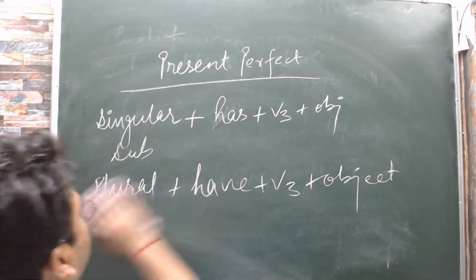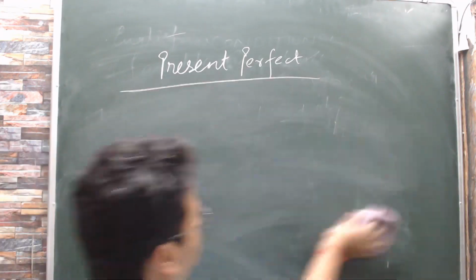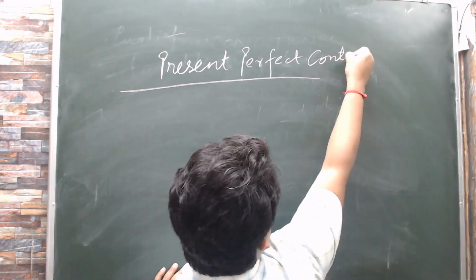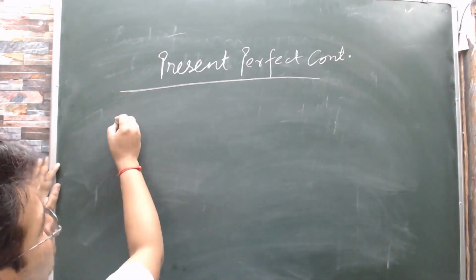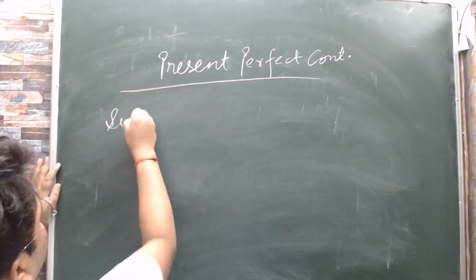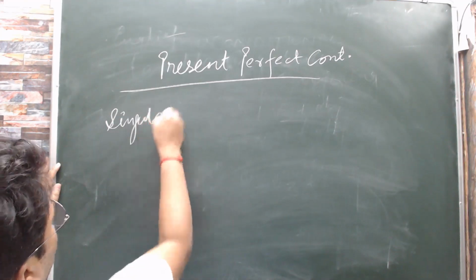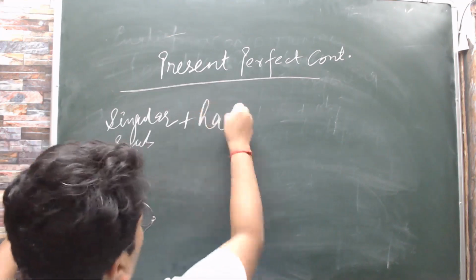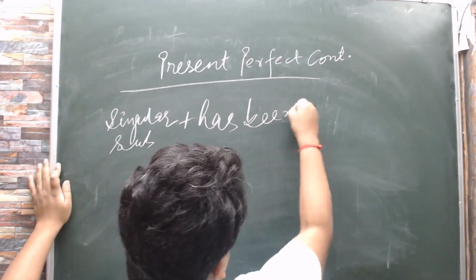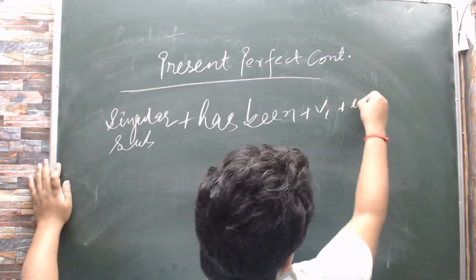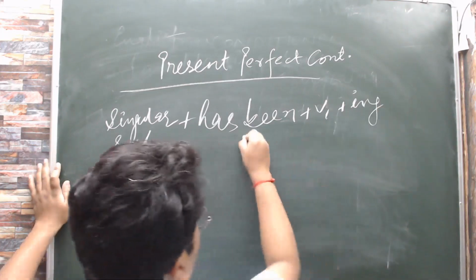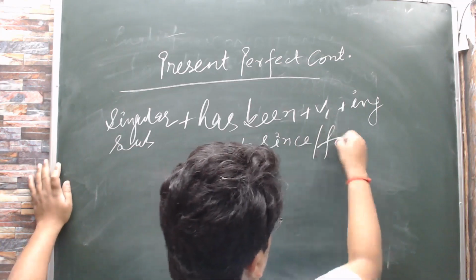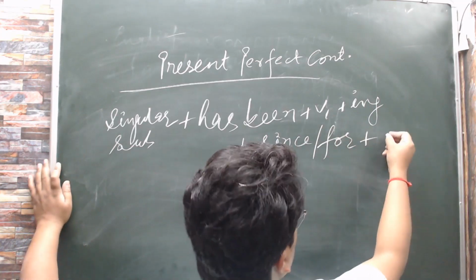After that, write present perfect continuous. With the present perfect continuous tense, if you have a singular subject, you will use has been plus verb first form plus ing plus since or for plus object.